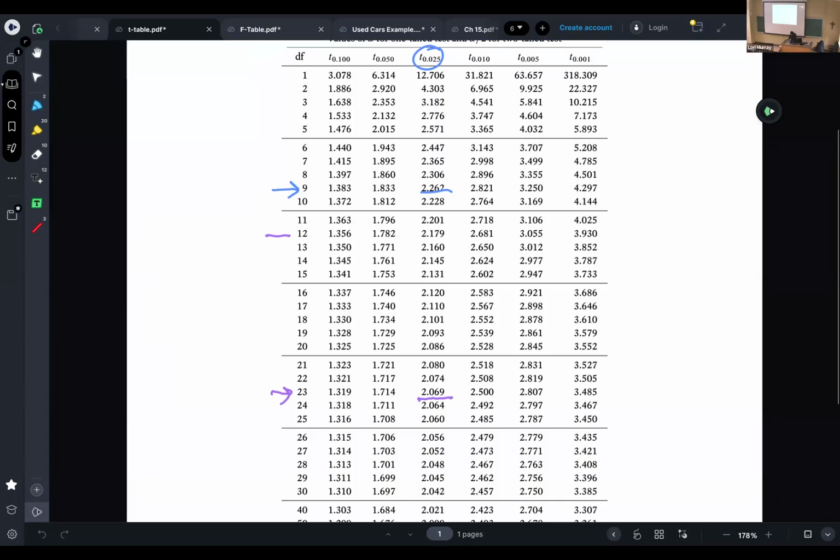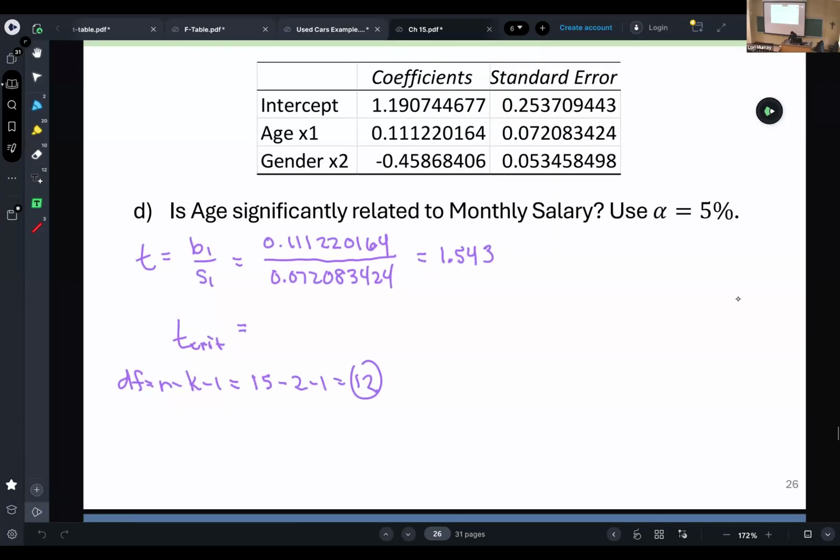Right here, 2.179. Is it significant? T is not greater than T crit, right?